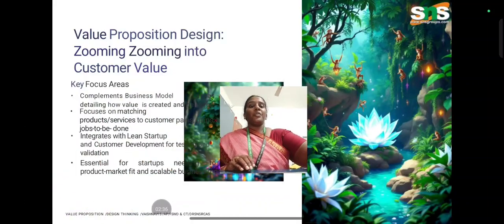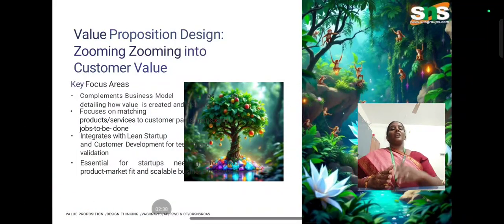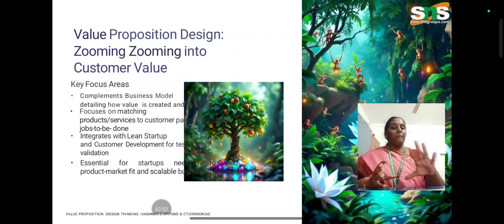So here we are going to see about the value proposition design, zooming into customer value. Zooming into customer value is nothing but getting feedback from the customer. So first is the complicated business model, detailing how value is created and focused on matching the pattern or matching the model.